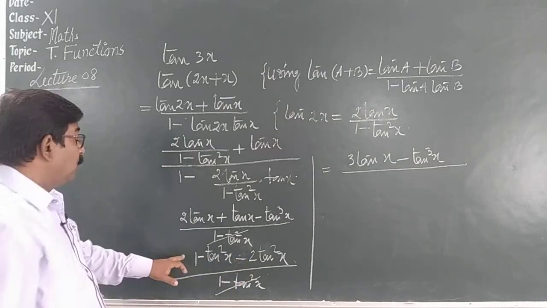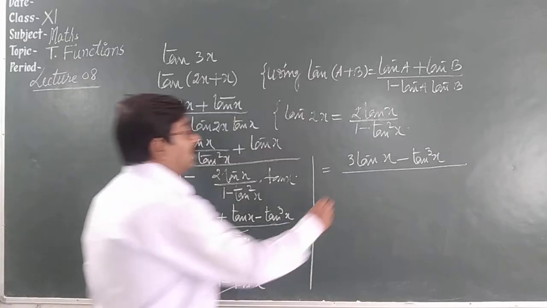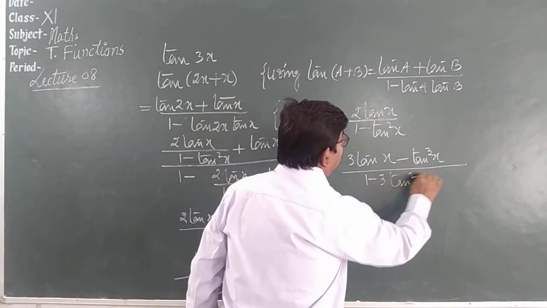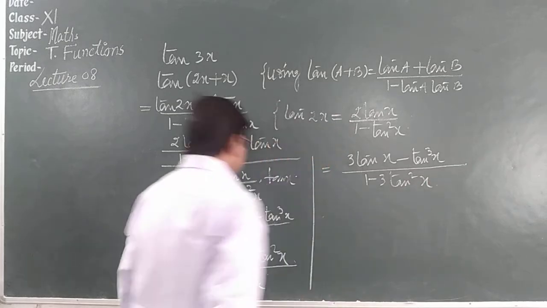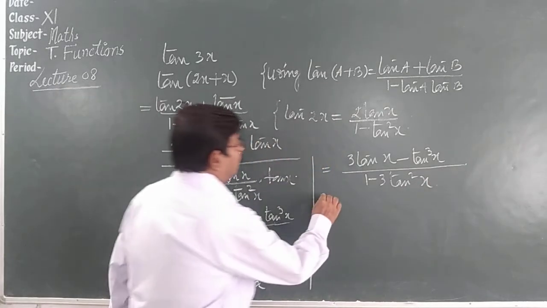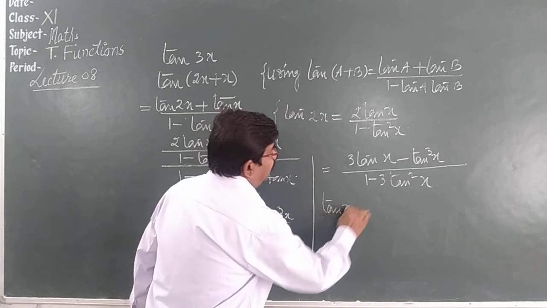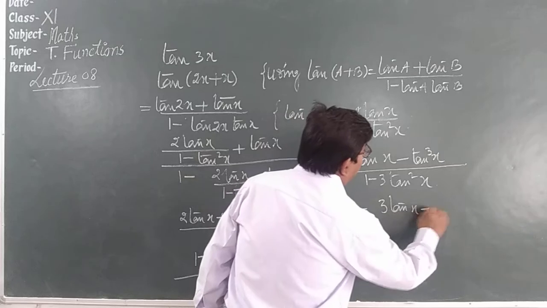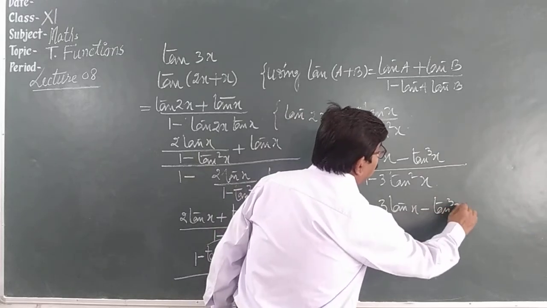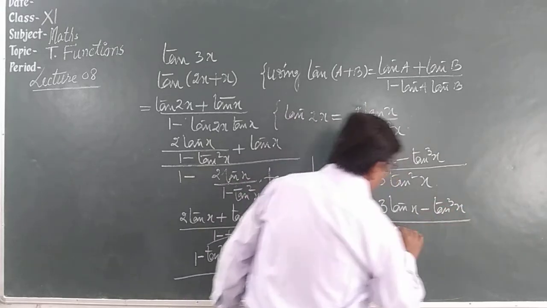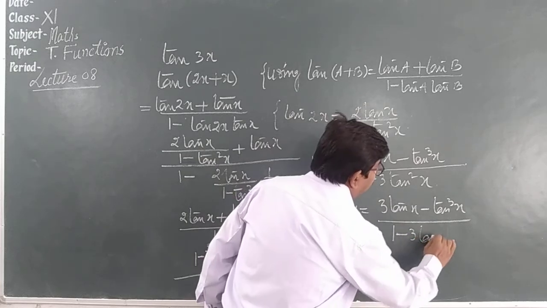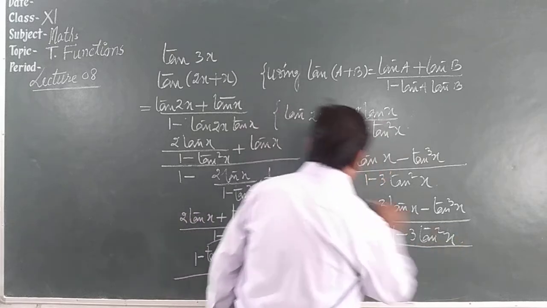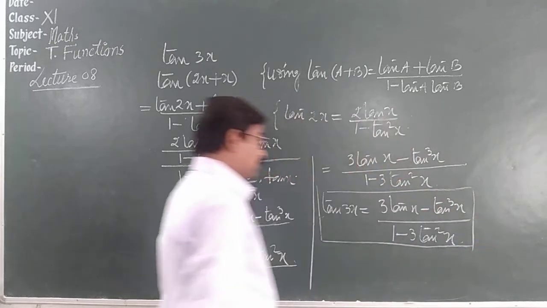So what we have, 1 minus 3 tan square x. Got it? Means we have tan 3x is equal to 3 tan x minus tan cube x upon 1 minus 3 tan square x. So this is the formula of tan 3x.